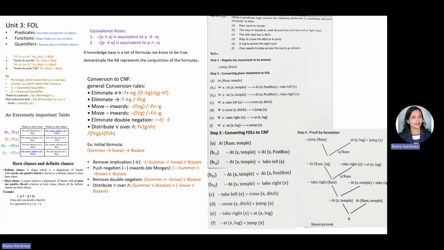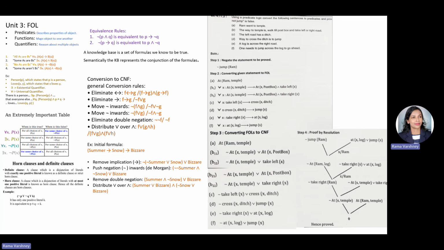Now the second step, after converting everything to first order logic, is to convert it to CNF form. This is simple. Using the formulas, at X temple, at X post box, negation, or.